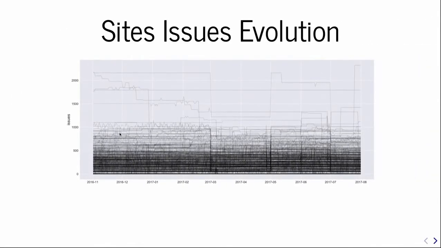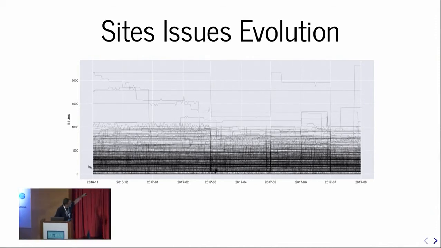If we plot everything, every line corresponds to the history of code issues per site for every day. If there's something to make out here, it's that you see they cluster in horizontal bands. That means that the situation remains the same.